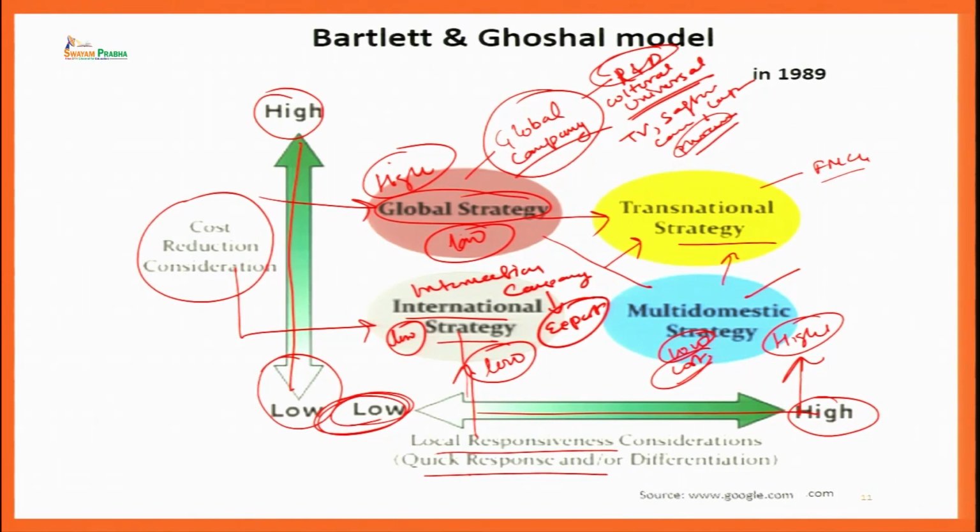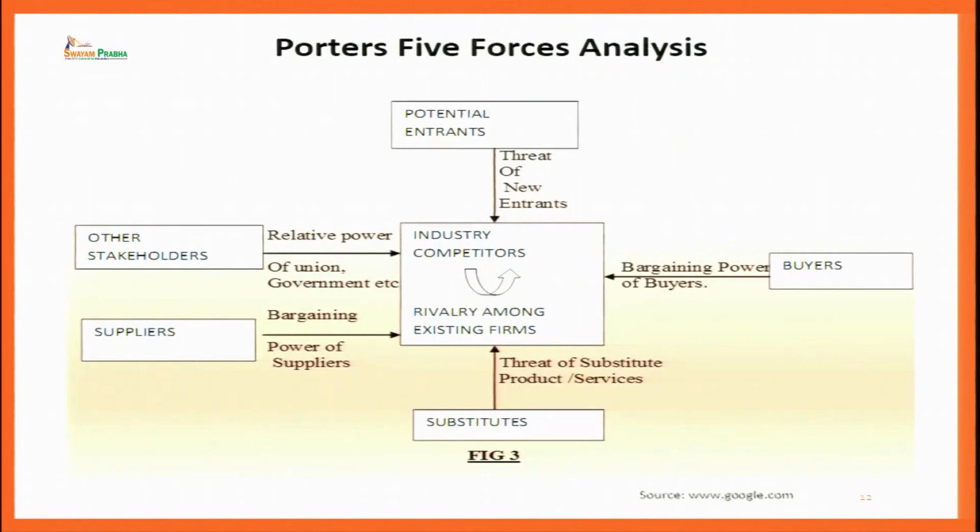With this kind of understanding, you will be able to figure out how to deal with the cost reduction pressure and how to deal with the customer responsiveness or the local responsiveness of the market.